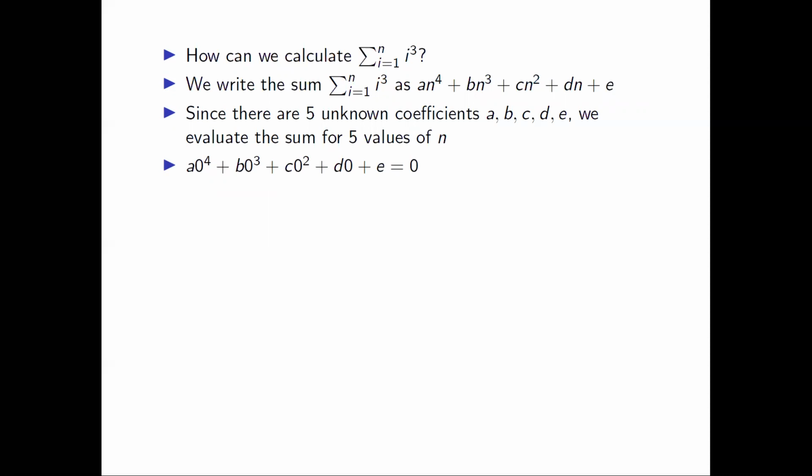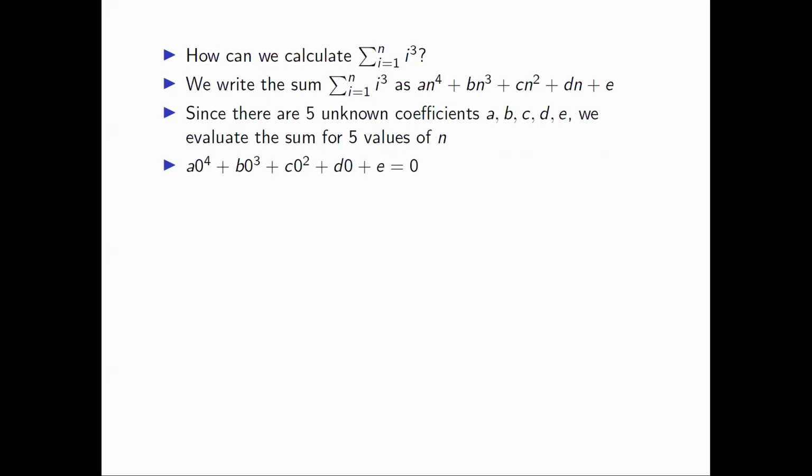So first, n equals 0. If we're saying that the sum from i equals 1 to n of i cubed is equal to an to the 4th plus bn cubed plus cn squared plus dn plus e, and we're saying at n equals 0 that the sum is 0, that tells us that when we plug in 0 into an to the 4th plus bn cubed plus cn squared plus dn plus e, that has to give us 0.